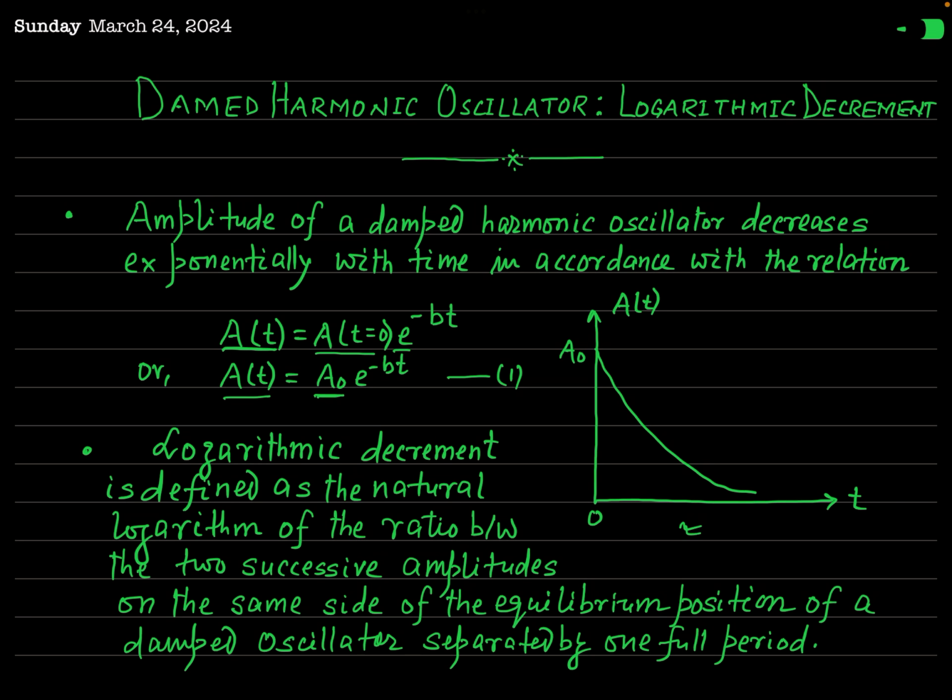Logarithmic decrement is defined as the natural logarithm of the ratio between two successive amplitudes on the same side of the equilibrium position or mean position of a damped oscillator, separated by one full period.